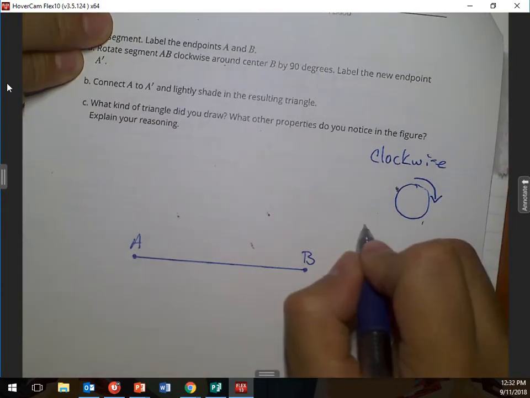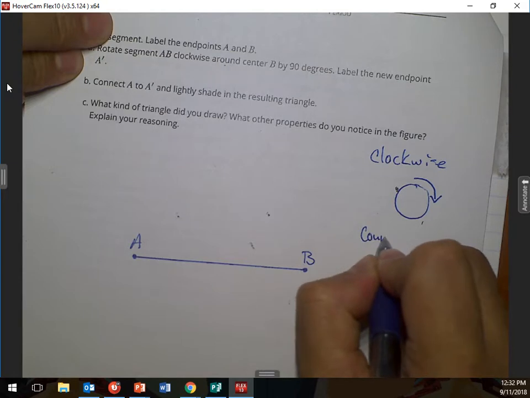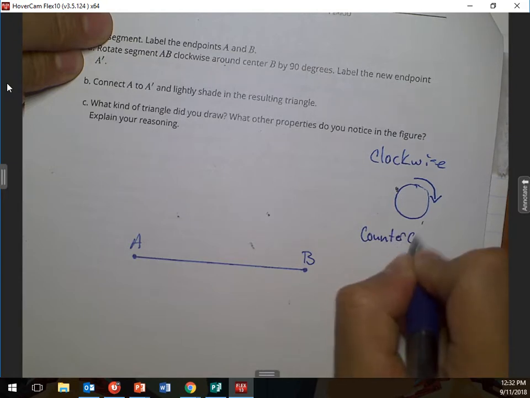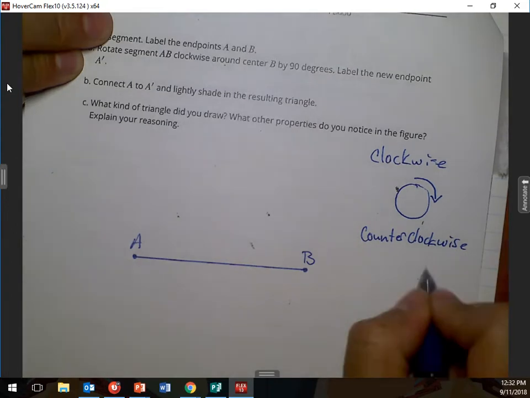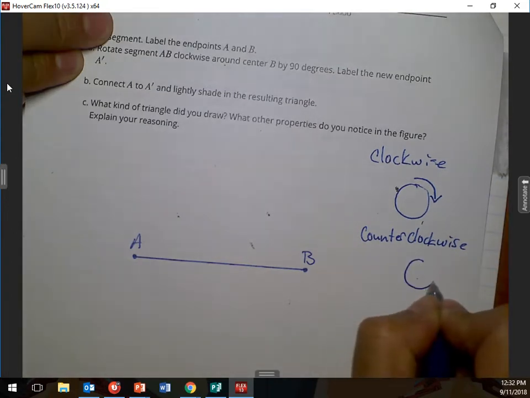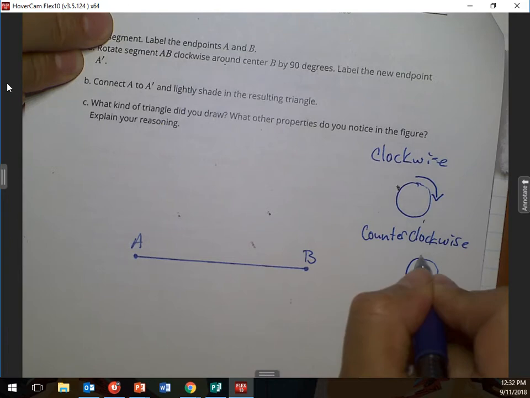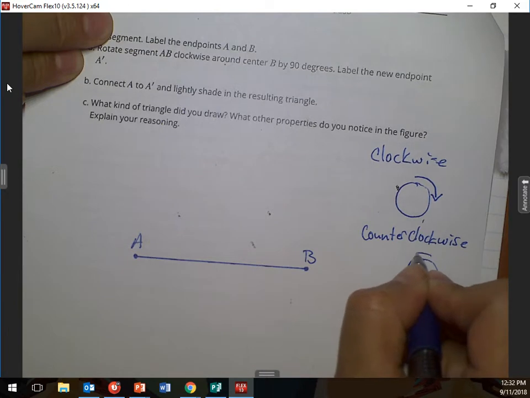Counterclockwise would be, I have a circle right here, going this way.